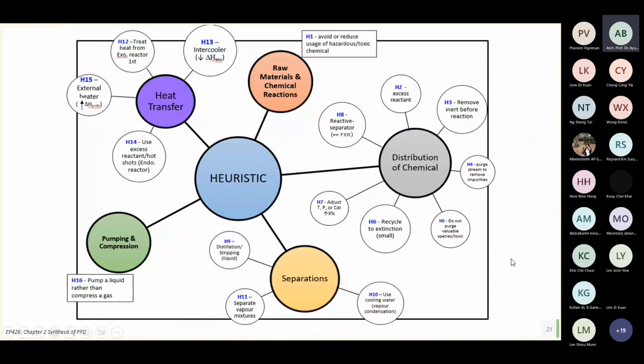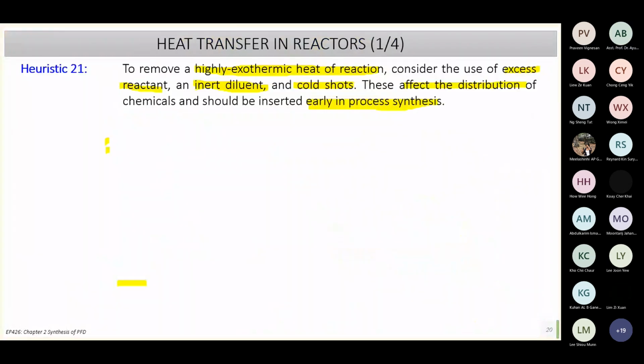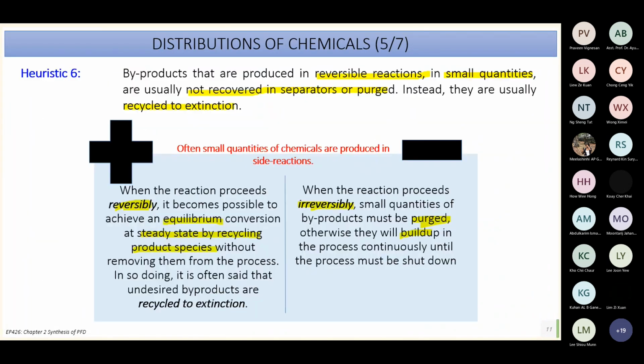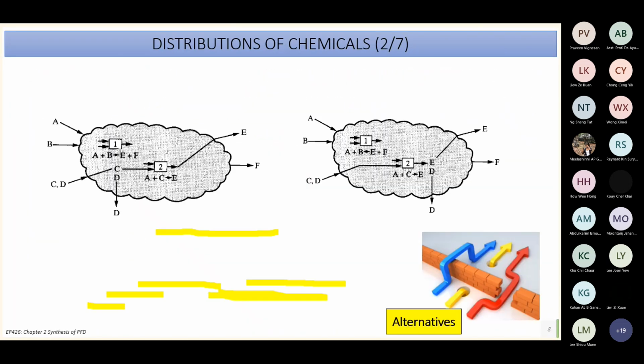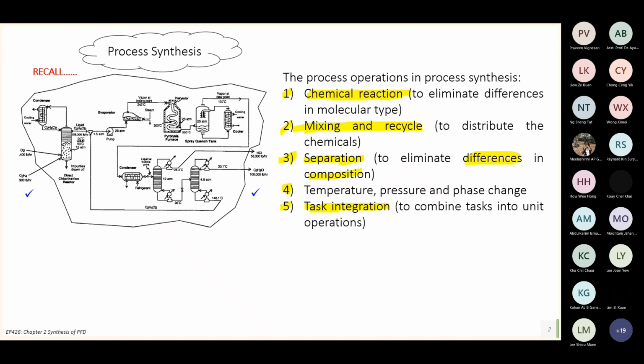Okay, basically this is the mind map of the heuristics. You have 5 of them. Okay, 5, from the slide. Wait, I share the first slide. This one. Okay, you have 5.